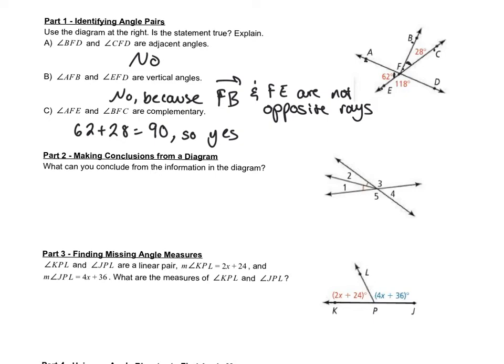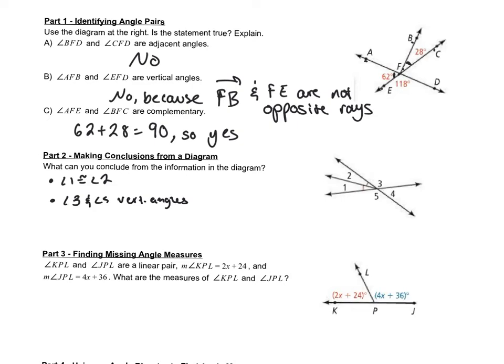All right. In part 2, it says, what can you conclude from the information in the diagram? Well, the first thing is I know that angle 1 and angle 2 are congruent because of the arcs. Angles 3 and 5 are vertical angles because their sides are opposite rays.